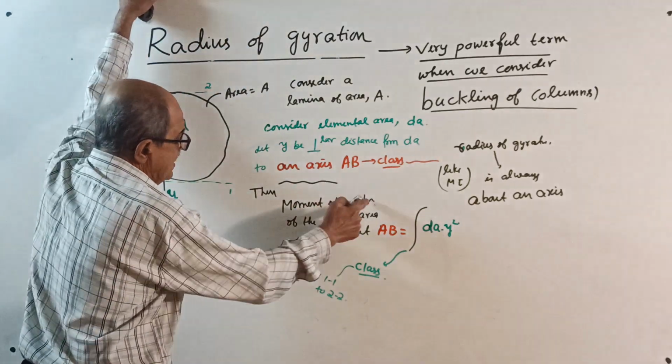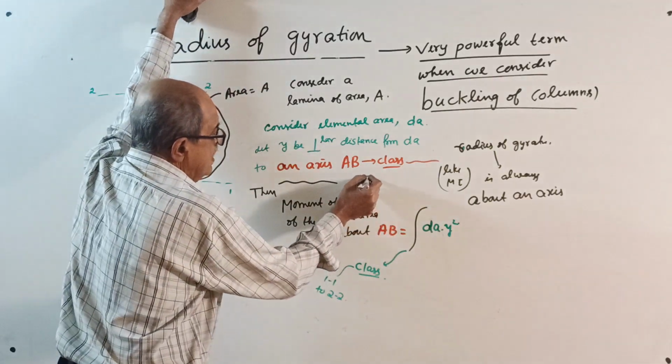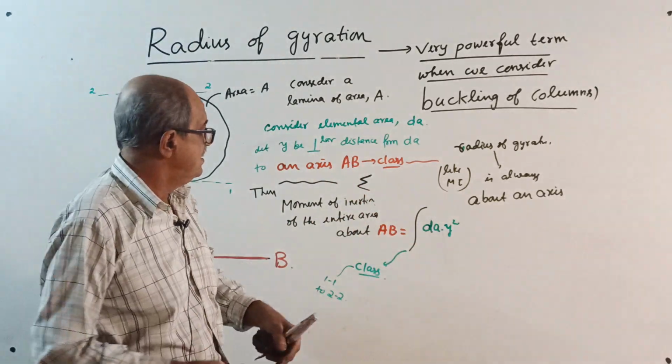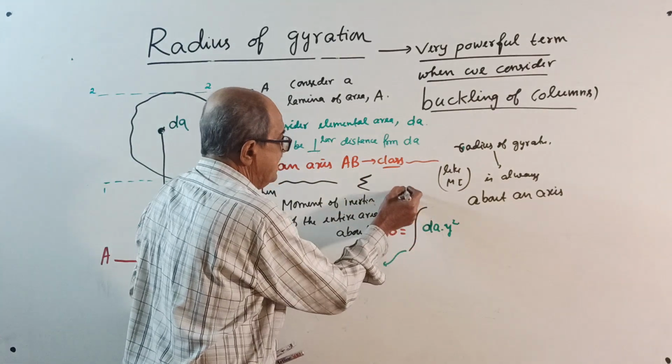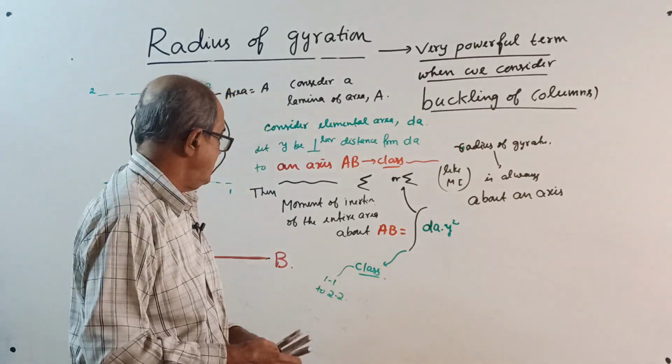Therefore, moment of inertia of the entire area about AB is either sigma or integration. Now I will use integration to make it clearer. You can write integration of dA into y square.